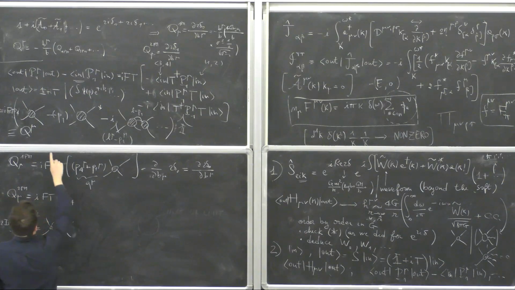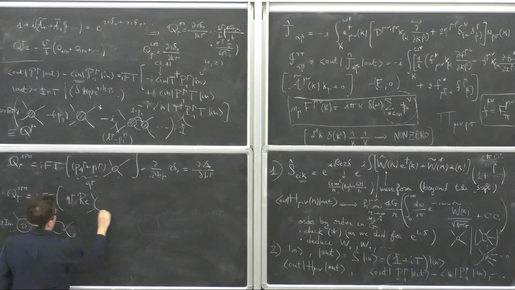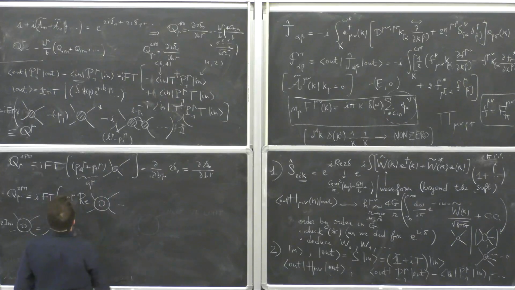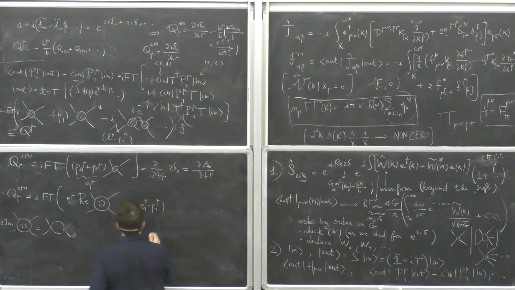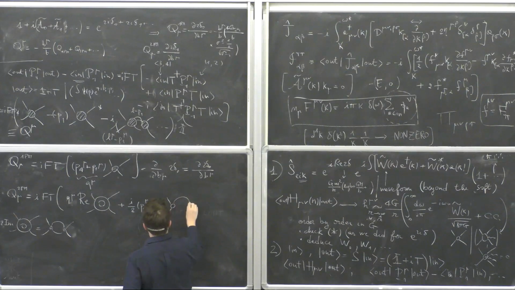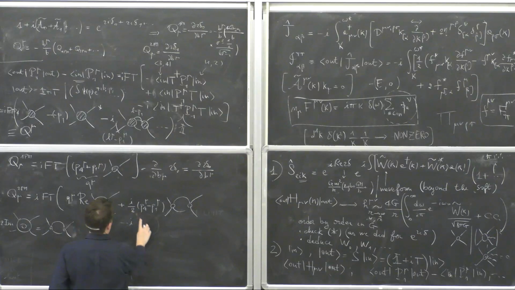So we have P4 plus P1, so Q mu, times the real part of this one-loop amplitude. And then let's see if I manage to get the sign right, plus i over 2 P4 minus P1 times the imaginary part. So the imaginary part is the cut. And then minus i, I'm just copying from this cut here. I hope it's visible. L minus P1.